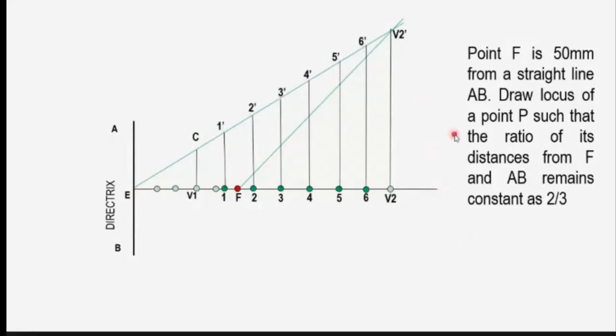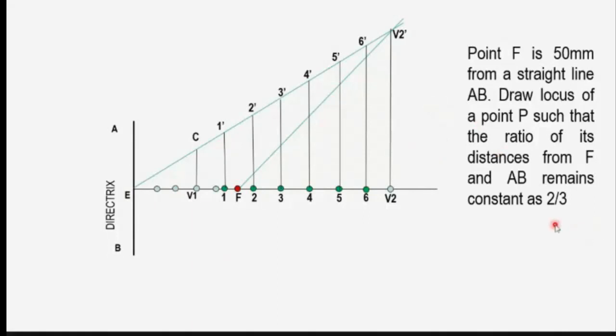And these perpendiculars will intersect the line EV2 dash at points 1 dash, 2 dash, 3 dash, 4 dash, 5 dash and 6 dash. Simultaneously, you can draw below EV2 also, so that in one go you will get all the points. I am drawing only above EV2.